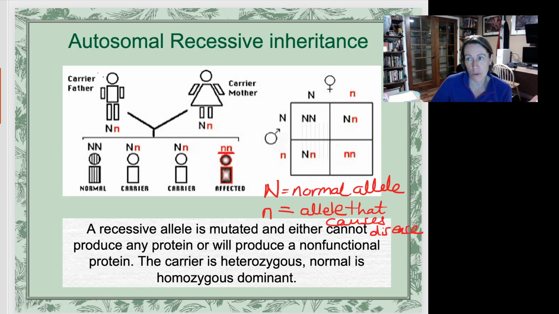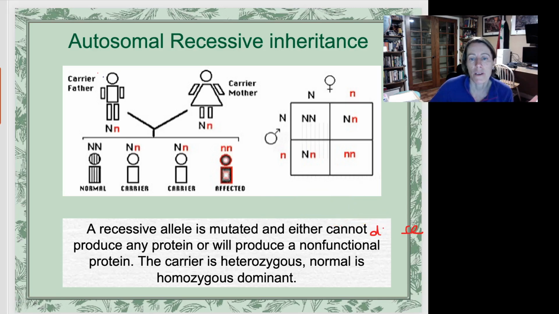It's like tossing a coin, like flipping a coin, a 4-sided coin. So it's kind of like a probability game here. But this is the pattern you tend to see with diseases that are inherited in a recessive manner on the autosomes. All right. So we're going to learn about 3 of these diseases.